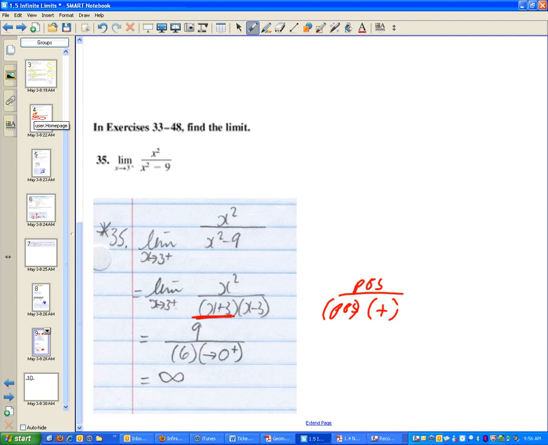You've got to get comfortable with this idea that a constant divided by something that is approaching 0 is either infinity or negative infinity. If not at this step, you've got to recognize it there. When you find that limit, it's going to be a constant divided by something approaching 0. And then it's simply, what's the sign? With me?